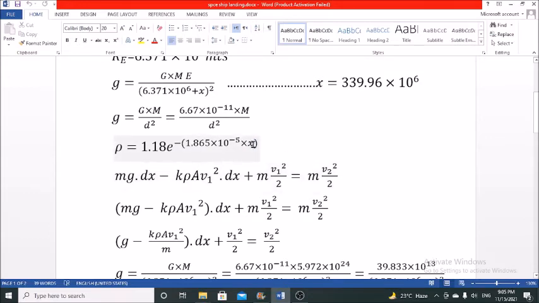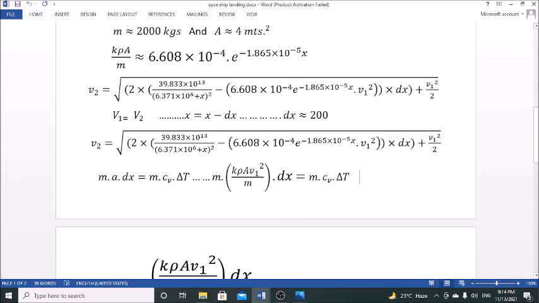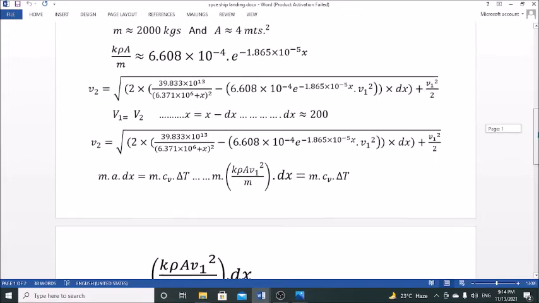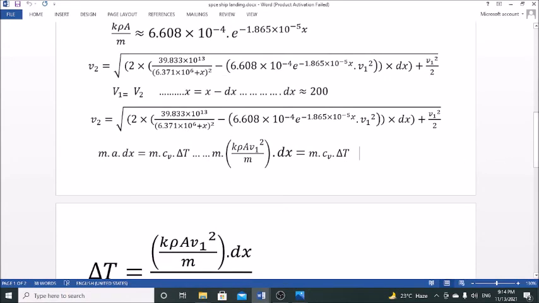And if we substituted with x equal to this distance, we would get rho very, very small, approximately 0.